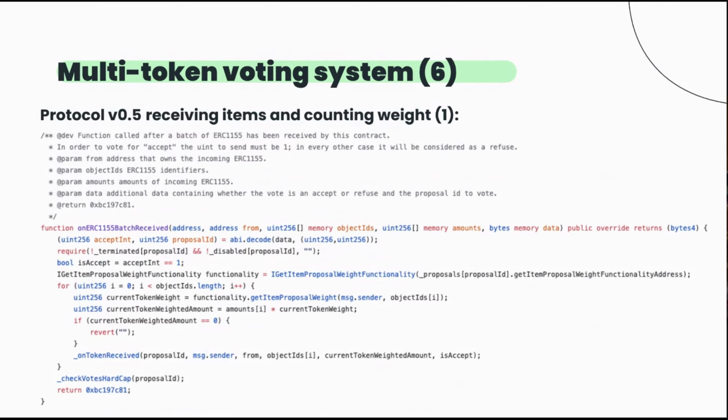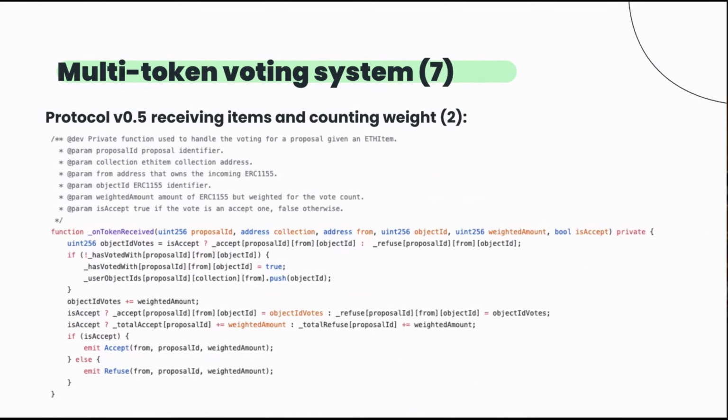So then votes are calculated using their particular weight. Then we have a new function that is the onTokenReceived, that we can see here.